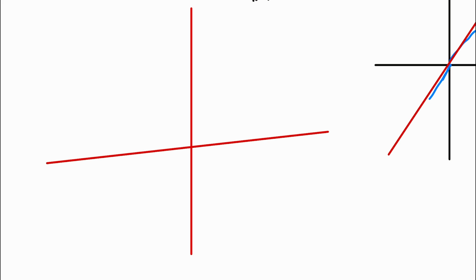Proving it actually requires us to use the unit circle.